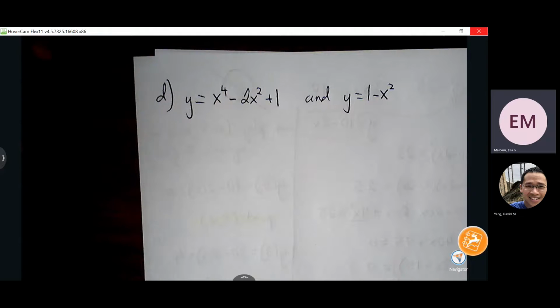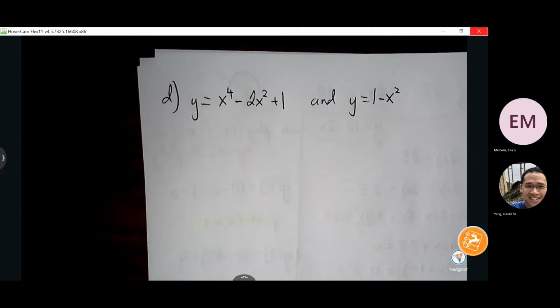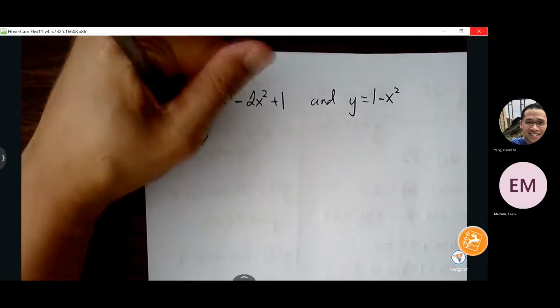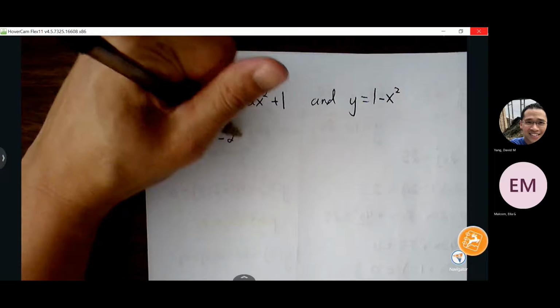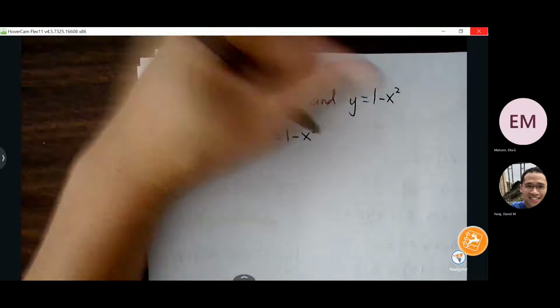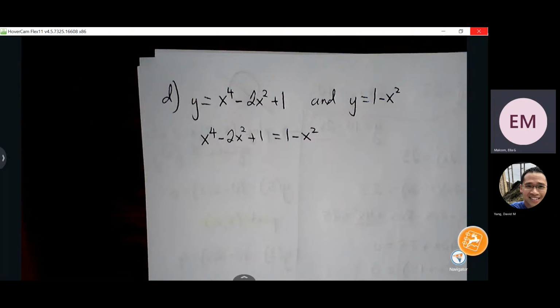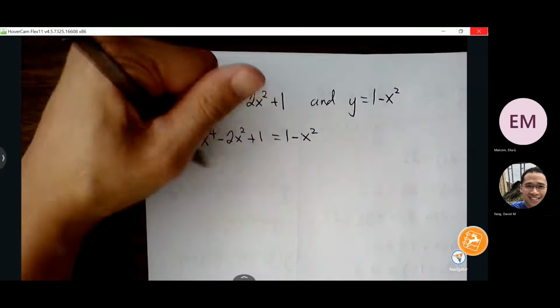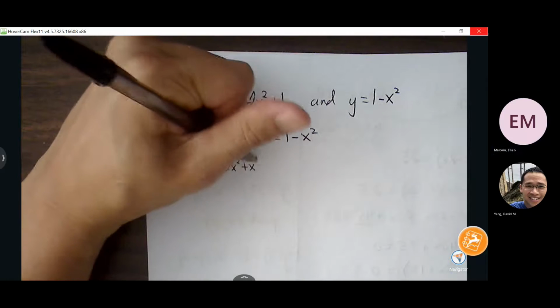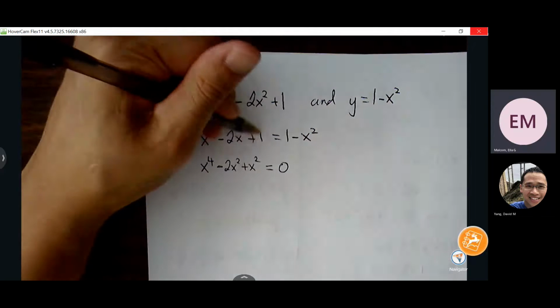So I guess we can do the same thing. y equals 1 minus x squared. So we can plug that in. So set these equal, right? So x to the 4th minus x squared minus 0 equals 0.